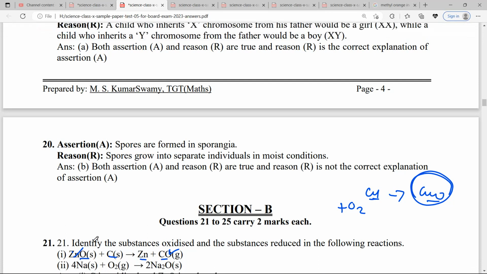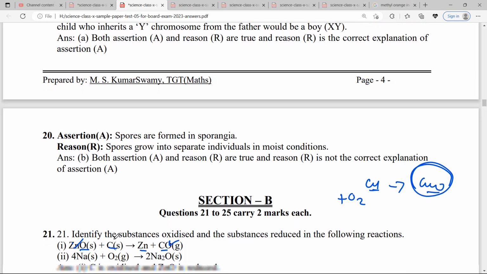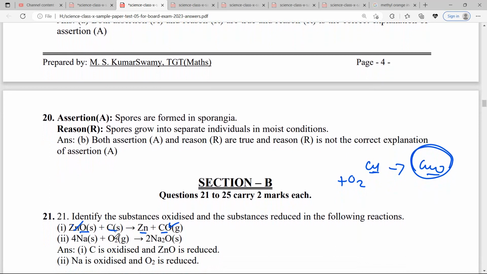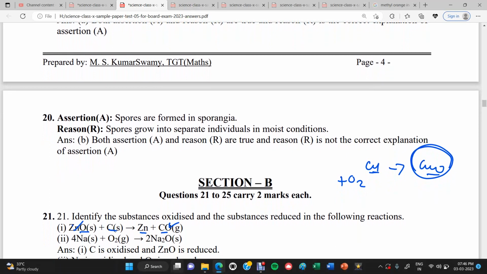What type of reaction is there, Vishal? Na plus O2 gives Na2O. Just oxidation. Sodium has been oxidized here, and the other substance has been reduced. That's all.